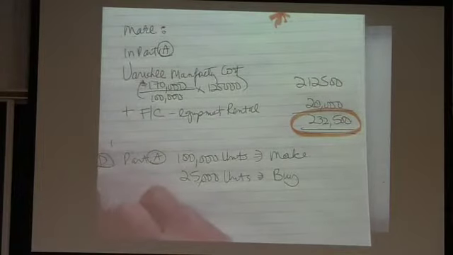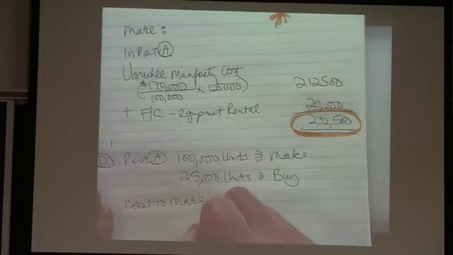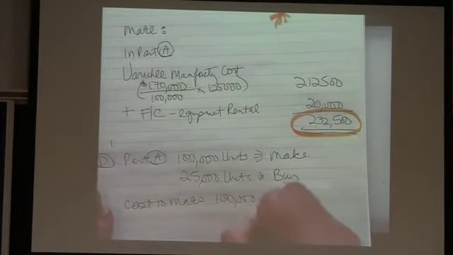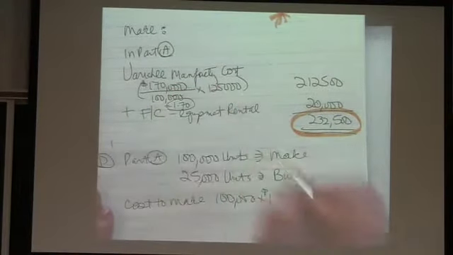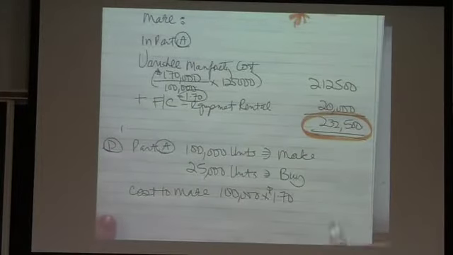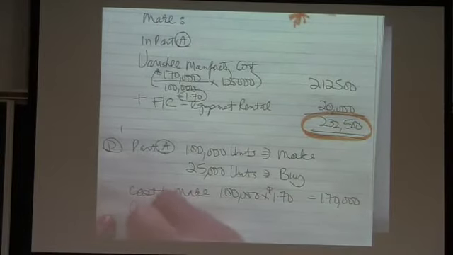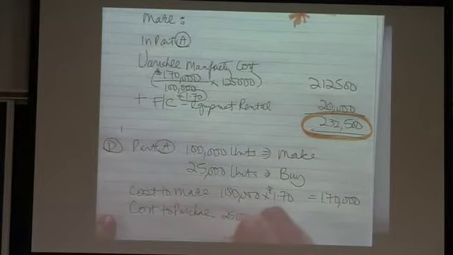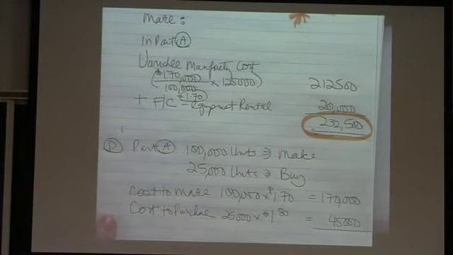So cost to make is 100,000 tubes times $1.70, because that's $1.70 per unit. That gives us 170,000, and the cost to purchase the extra units would give us 215.